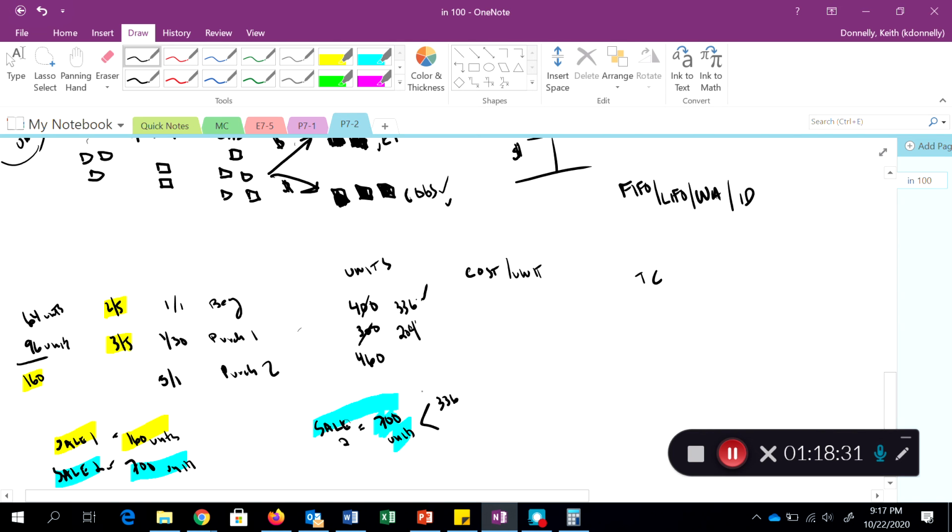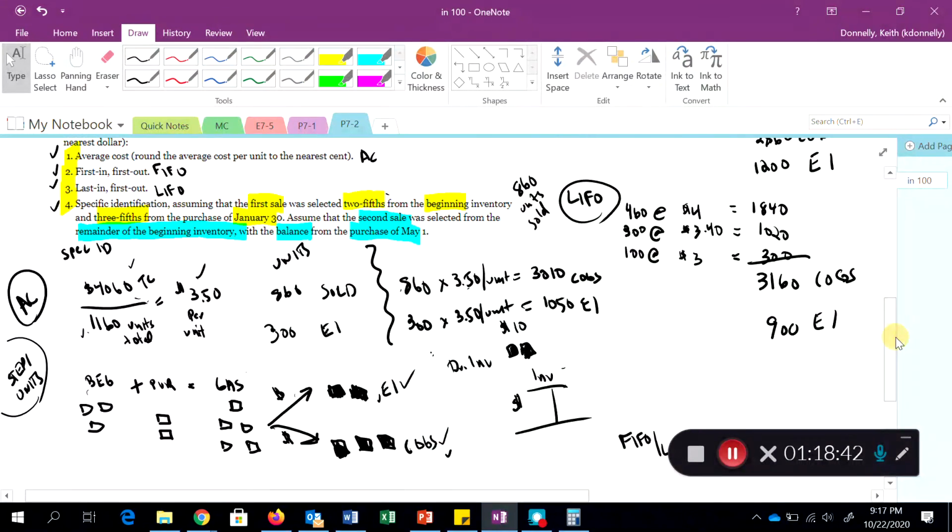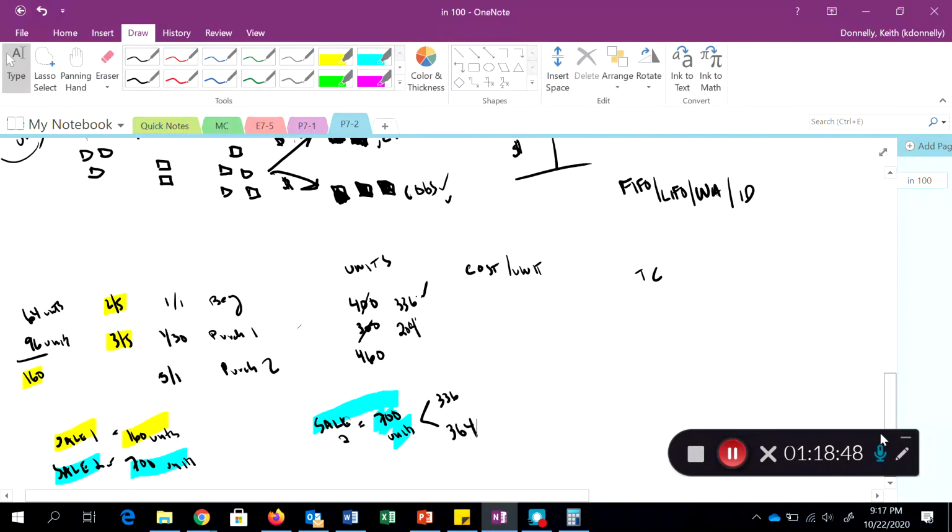So that means 700 minus 336, 364 left over. And they said, from the 364, it's the balance from the purchase of May 1st. So this one, we took 336, this was adjusted, this is now all taken care of. And then we took 364 from 460. Looks like that will get us 96 units here.